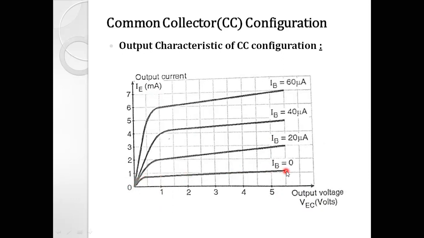And for the second value of the input current, when we change the output voltage, the output current changes in this manner. So here also you can see that as the base current increases, the output current, the emitter current, also increases, right?